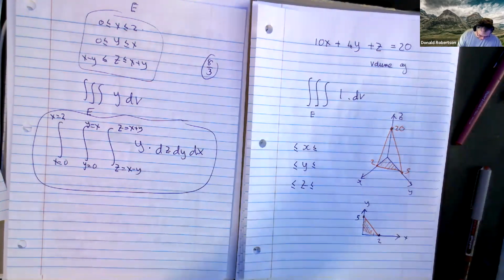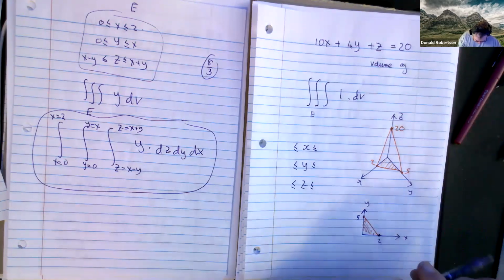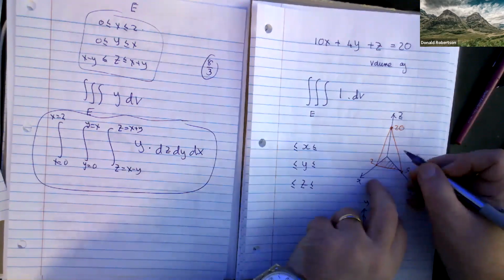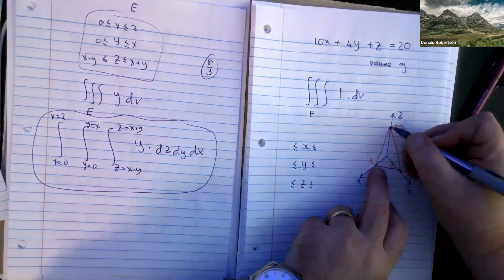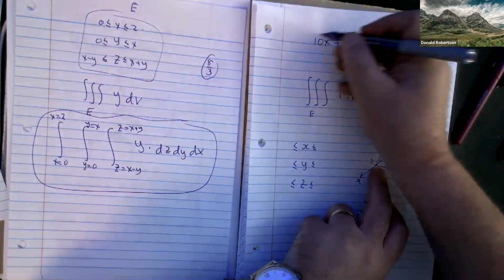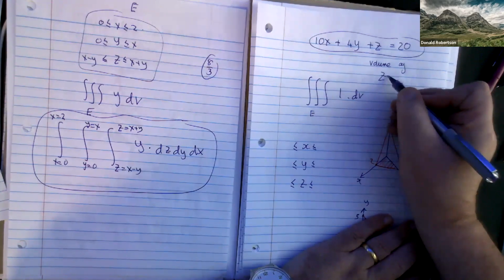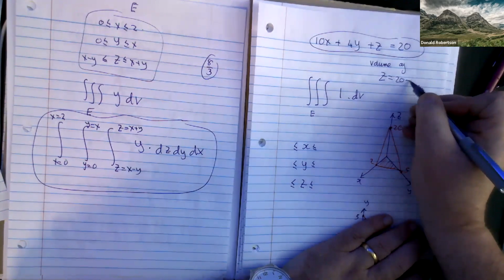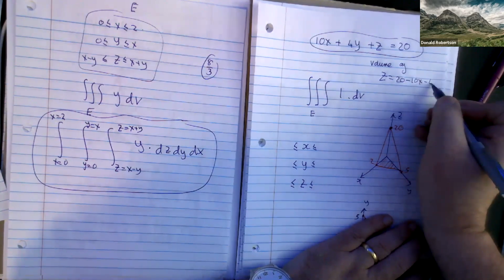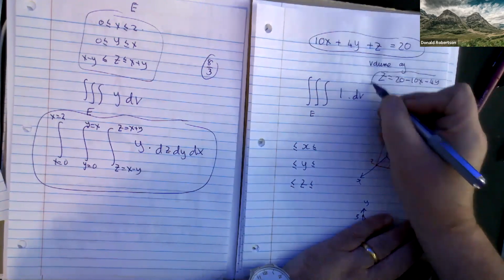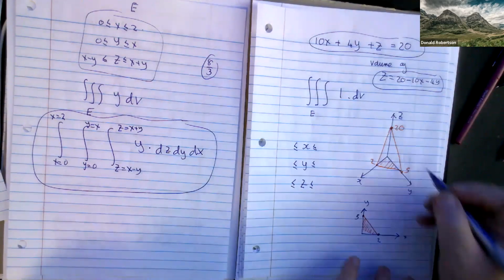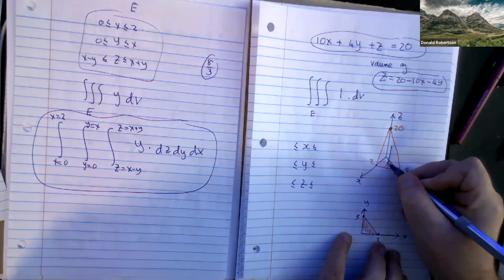Now, let's talk about the z's. If you look at this triangular plate here, that's this fella. If you rearrange this fella, you get z equals 20, take away 10x, take away 4y. So that's one of the z values. So I can imagine a point here dropping down to there.